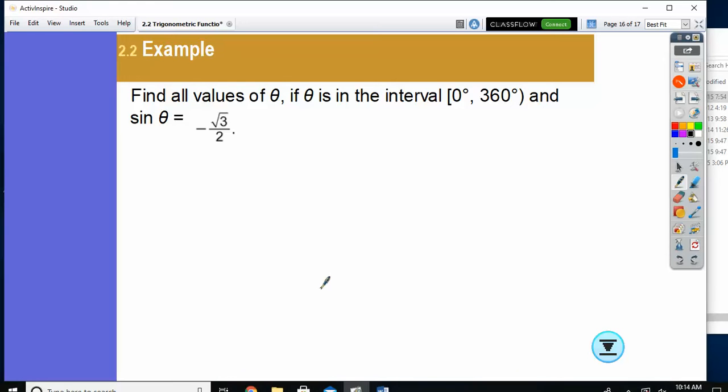Okay, this one I'm asking backwards. I want to find theta if theta is between 0 and 360 and sine of theta equals negative radical 3 over 2. So we have to get our angle here.